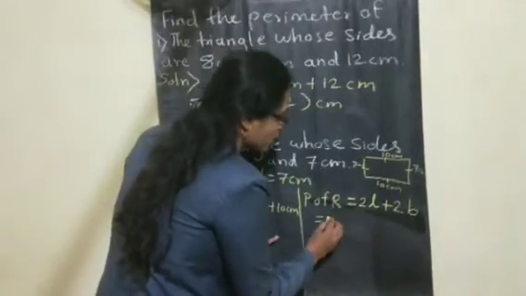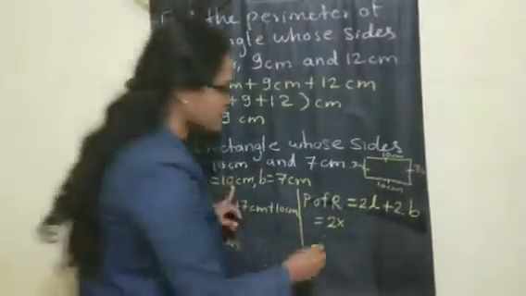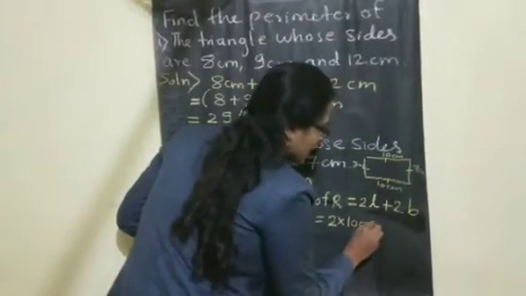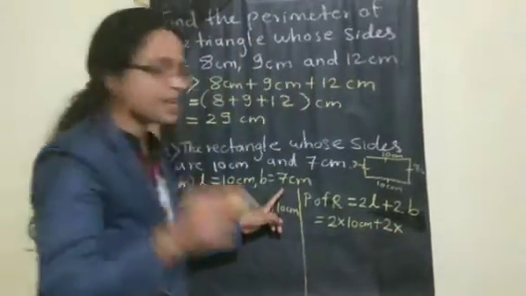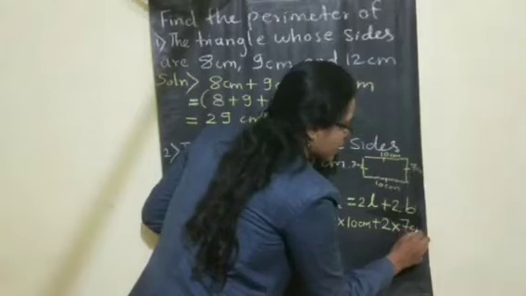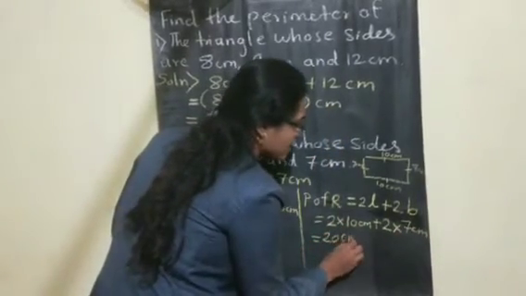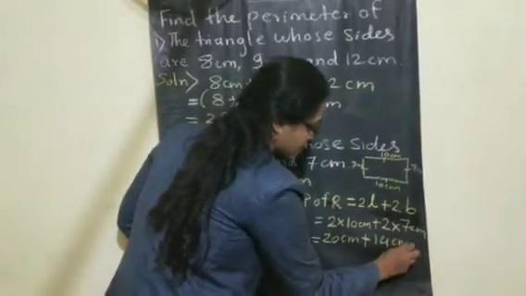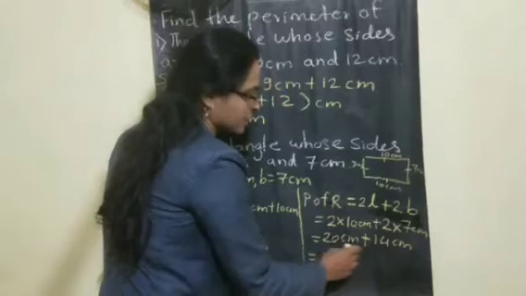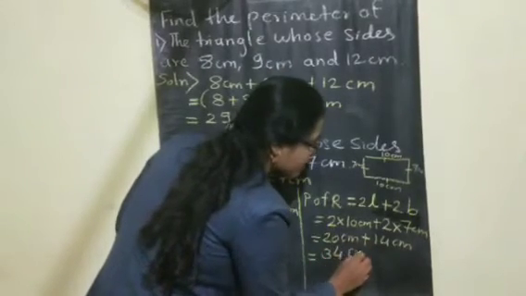So what you have to do? 2 multiply by length is how much, children? 10 centimeter, and plus 2 times breadth is how much, children? 7 centimeter. So you can write here: 2 times 10 is 20 centimeter plus 2 times 7 is 14 centimeter. Now just add the numbers, 20 plus 14, 34. 34, take the centimeter common.